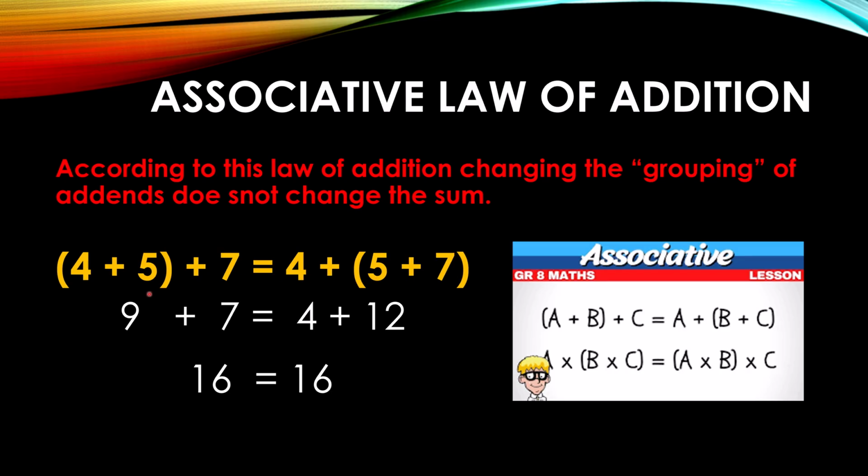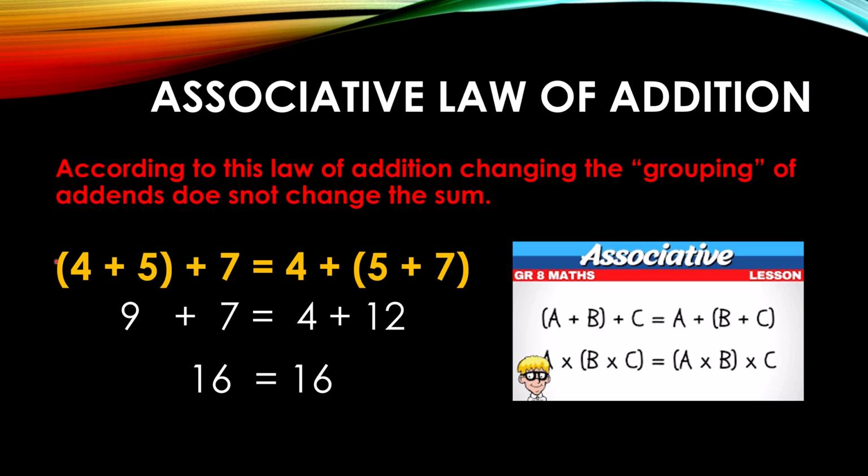But this parenthesis has changed the group of numbers. For example, here the group indicates 4 added to 5, and here the group indicates 5 is added to 7. So we have to prove whether this grouping has any effect on the answer or not. So let's see.